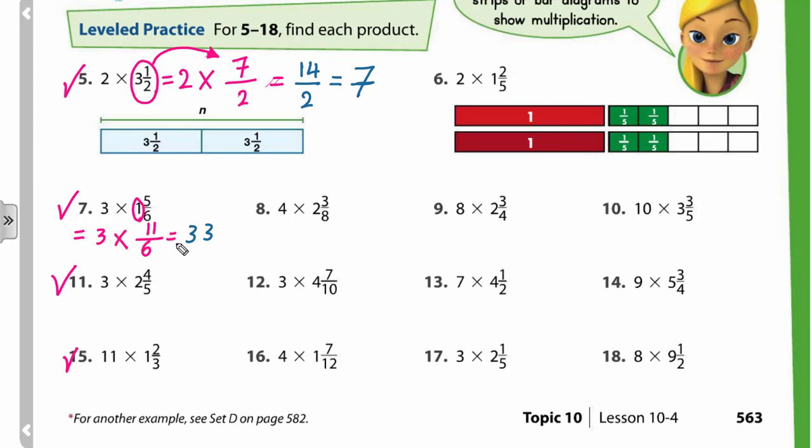So 3 times 11 equals 33. And down we have 6 in the denominator.